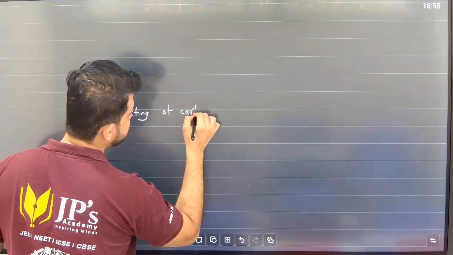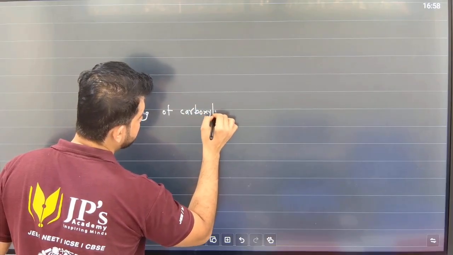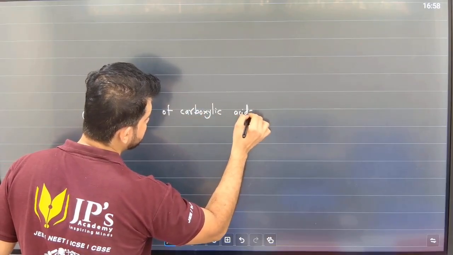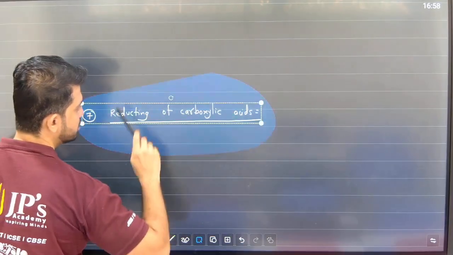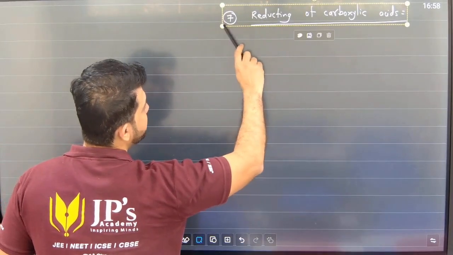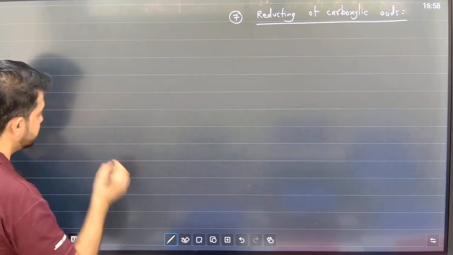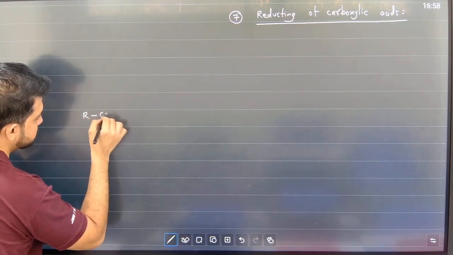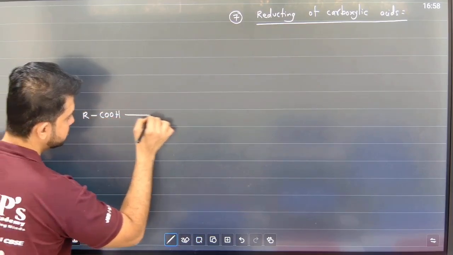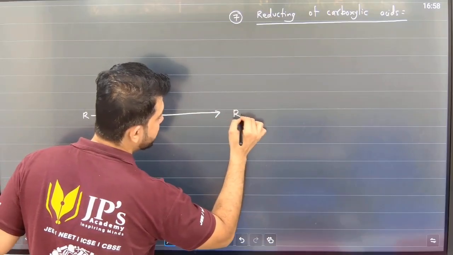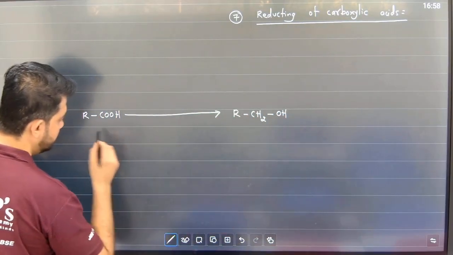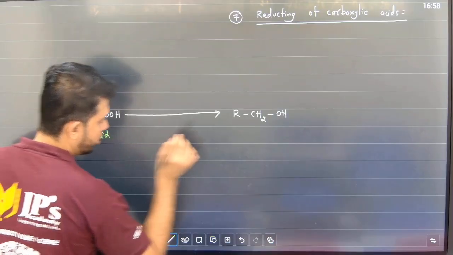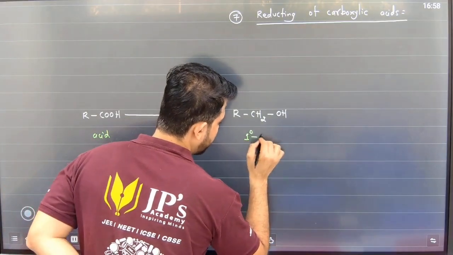Now students, in reduction of carboxylic acids, there are some very important points that we have to note down. The first point is, carboxylic acid on reduction produces primary alcohol. So acids on reduction produce primary alcohols.